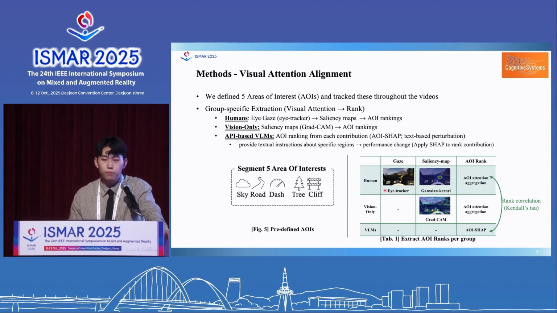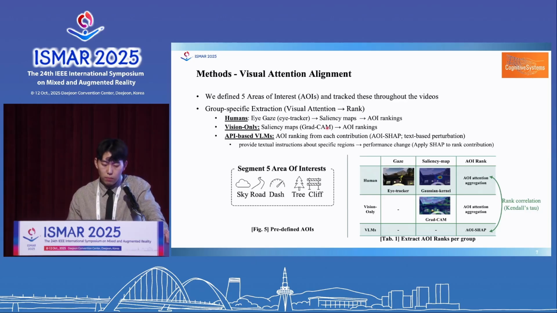For the humans, their gaze is extracted from the eye tracking. Then with this gaze, we apply a Gaussian kernel to generate the saliency map. This saliency map is then linked to the predefined AOIs. For the vision models, we use the explainable AI method called Grad-CAM. Using Grad-CAM, we get a saliency map and link it in the same way as for the humans.